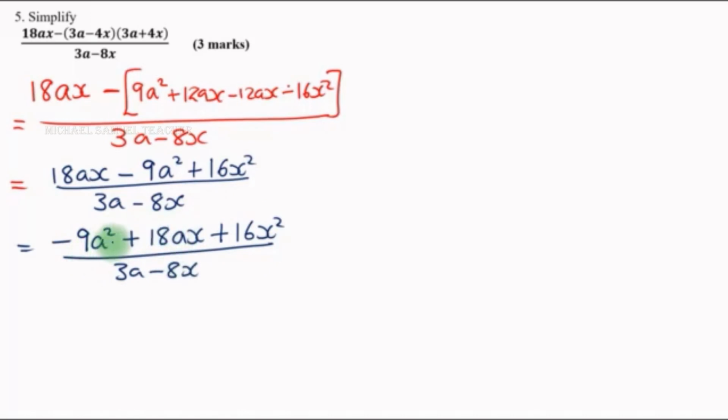So we need to factorize this, but before that we need the numerator part, 18ax. We write it in the expanded form. This is like a quadratic equation. So from this point, we need to find the product of minus 9 and 16, and for us that product, minus 9 times 16, is actually the same as minus 144.